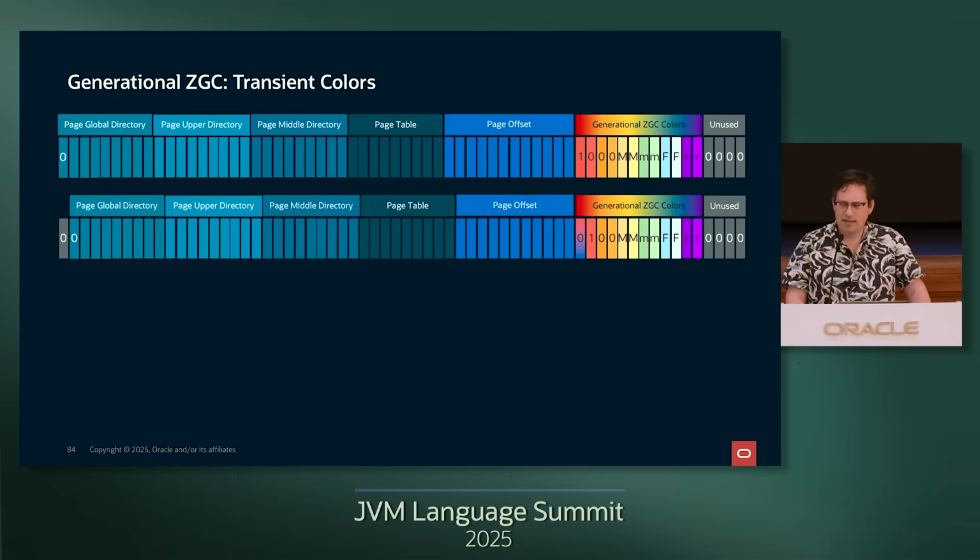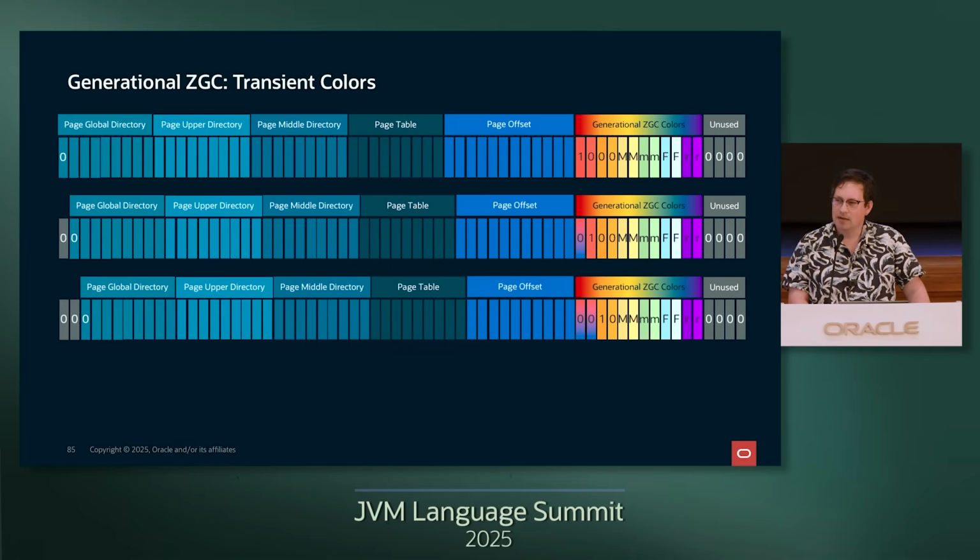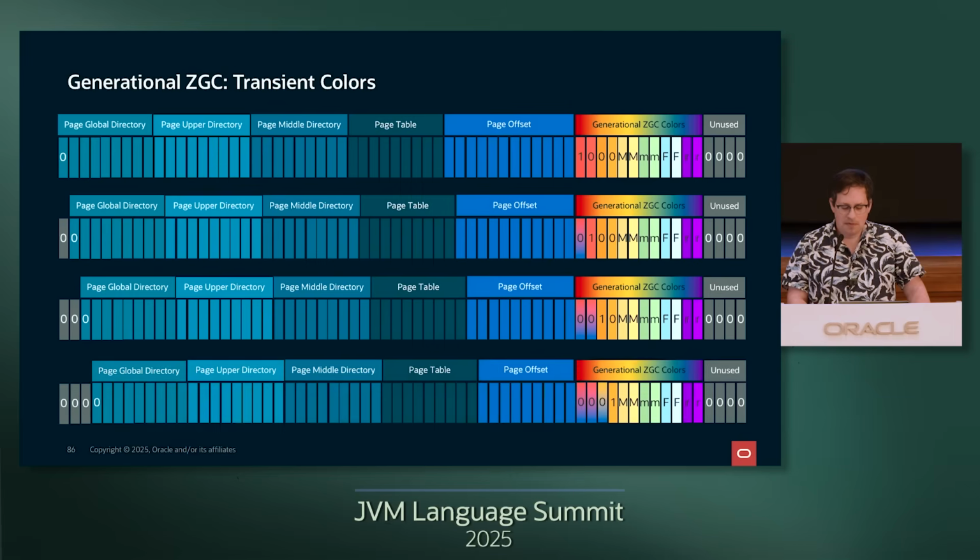But if it's 0100, notice that the address bits are shifted 1 space, and we start having an intersection between the address bits and the color bits. So the 0 is both an address bit and a color bit. It seems fine. And we can continue this with exactly 3 zeros, because that's what the object's alignment allows us to do.